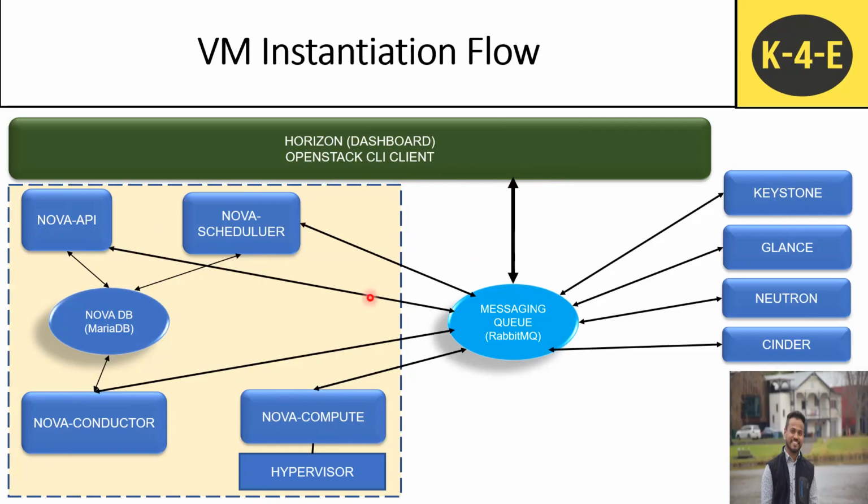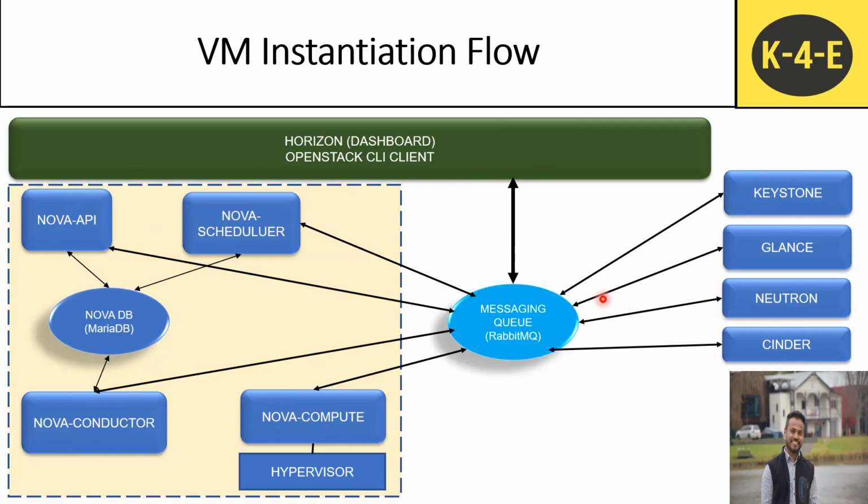Why the auth token? Because if you don't give the auth token to Nova API, Nova API cannot do further communication with any other service. And remember one more important thing: if any major service like Nova is talking to another OpenStack service like Keystone, Glance, Neutron, Cinder, it needs to have the authorization token.